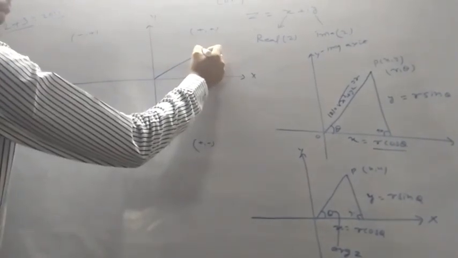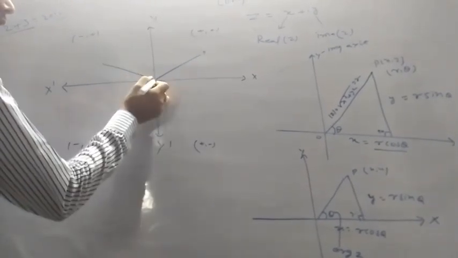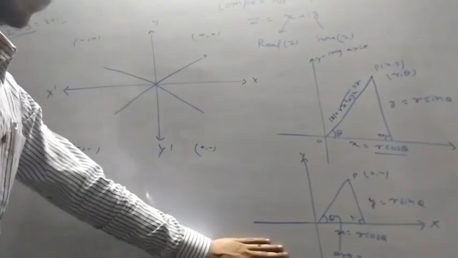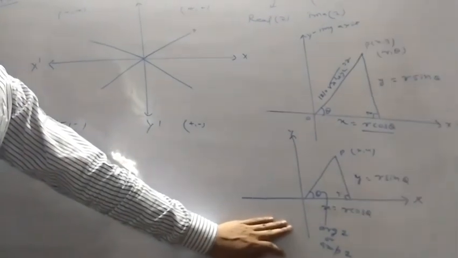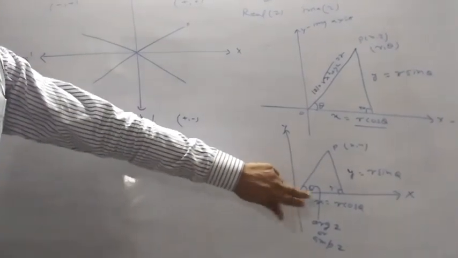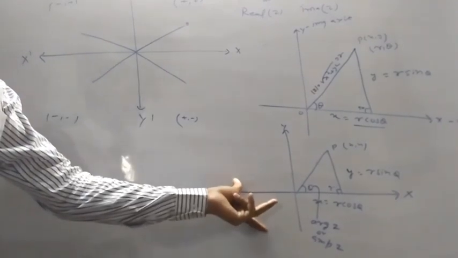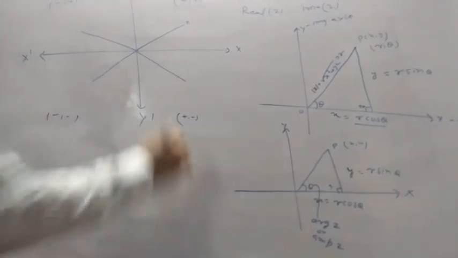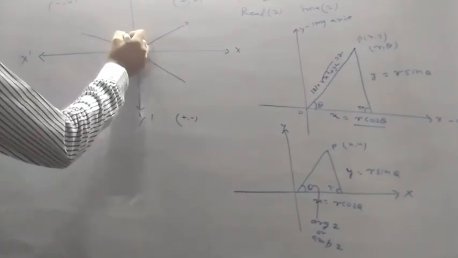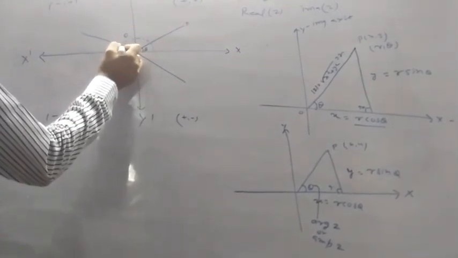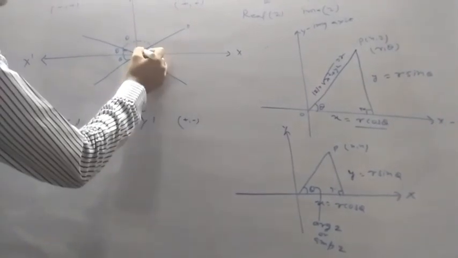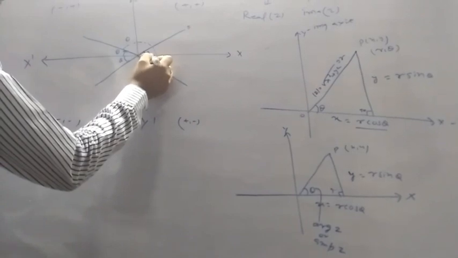If we draw a point P here and find the argument of the complex number, then we rotate P from the positive direction of the x-axis. This is called theta, and again this is also called theta, and this is theta.